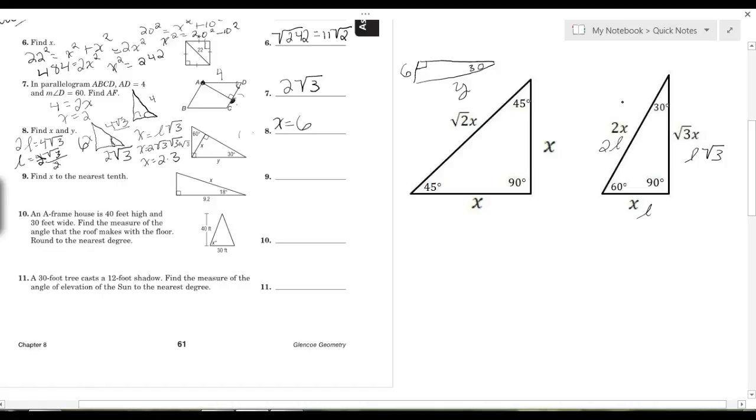So if I look back at my triangle here, the side across from the 30-degree angle is equal to, again I'm going to say L, and then my hypotenuse is equal to 2 times L. So nice and easily then, y equals 2 times 6, which equals 12.